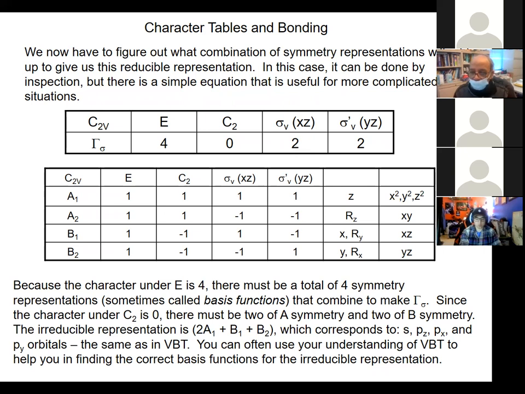All right, we will do that Tuesday. Questions so far? So this is part 1 of the lecture, and in part 2, we are going to do this and some more examples of symmetry adapted linear combination of orbitals using the character tables.